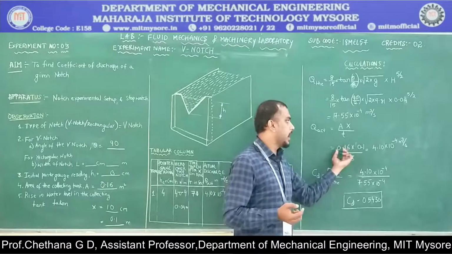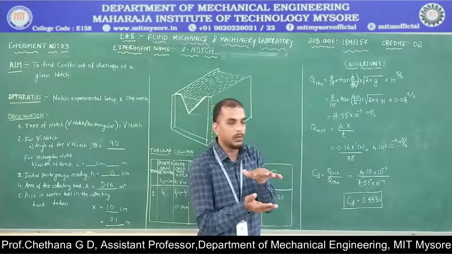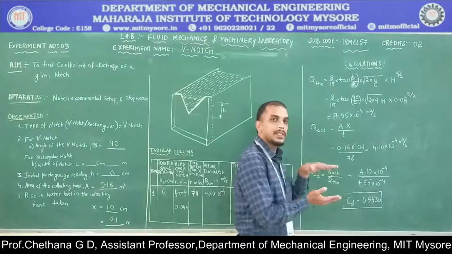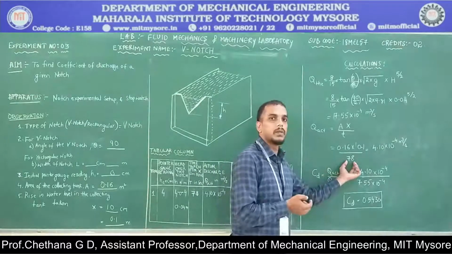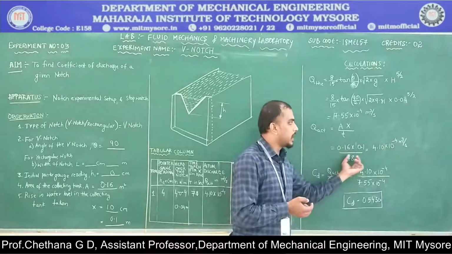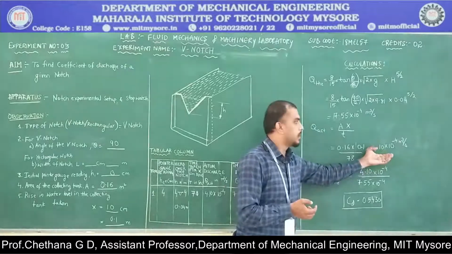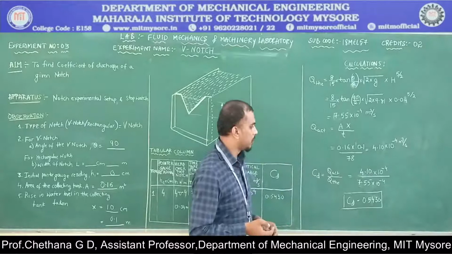Multiplying area with the height gives the volume of water. Now how much time it is taking to fill this volume, which we have noted, is 78. So volume per time is the discharge, which is 4.10 into 10 power minus 4 meter cube per second.